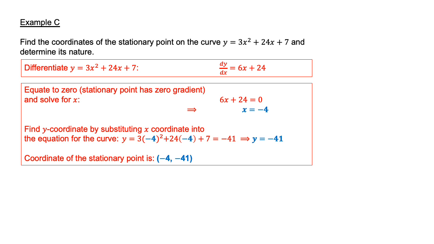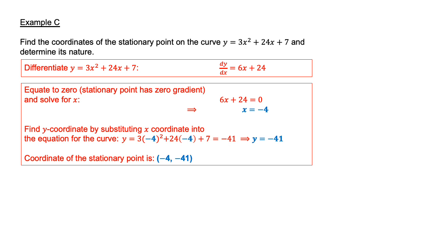So there we are, there's the actual coordinate of the stationary point, minus 4, minus 41. So at the moment, all we know is that there is a stationary point at this coordinate, but we don't know its nature. We don't know if it's a maximum or a minimum.